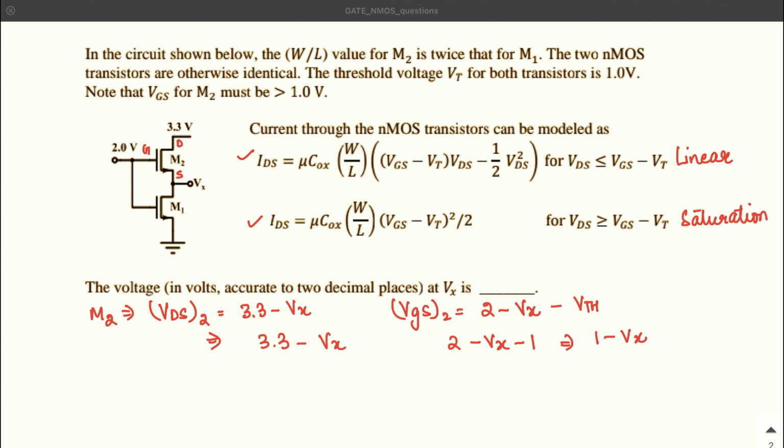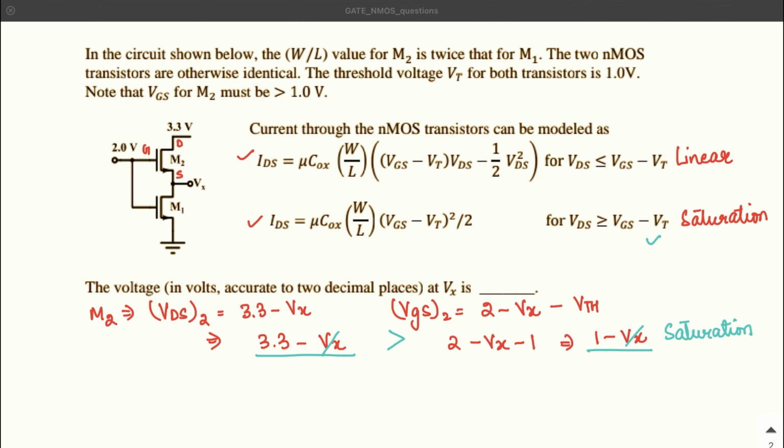Now if we ask you to put an equality sign that which among these two is greater, you can easily understand that because Vx is common in both of them, so definitely 3.3 is greater than 1. Hence, this transistor satisfies this equation that VDS is greater than VGS minus VTH, hence it is in saturation.